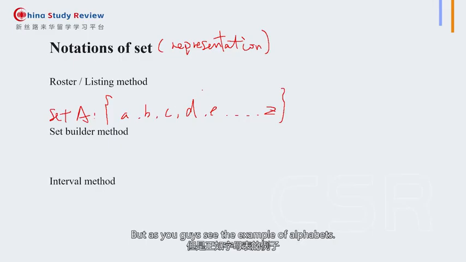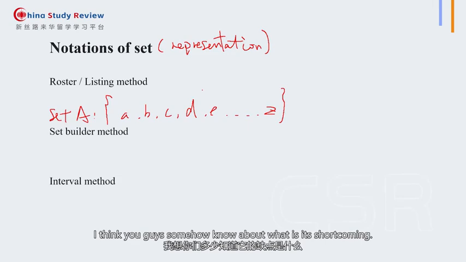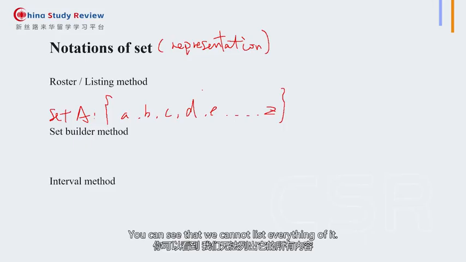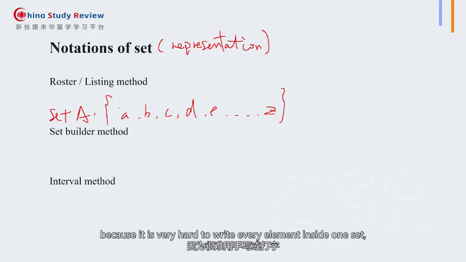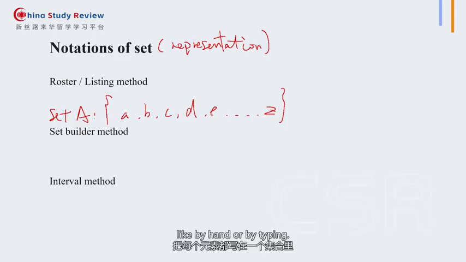But as you see in the example of the alphabet, I think you can see its shortcoming. We cannot list everything. Sometimes we have to use dots to make it look shorter, because it is very hard to write every element inside one set by hand or by typing.